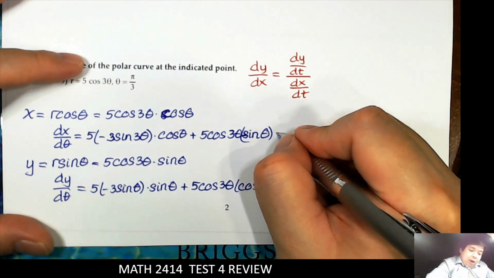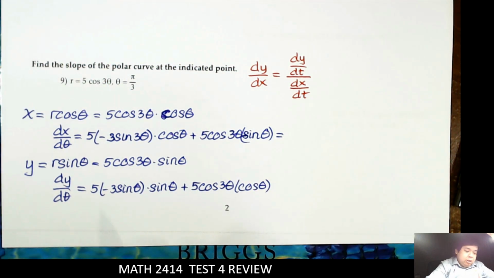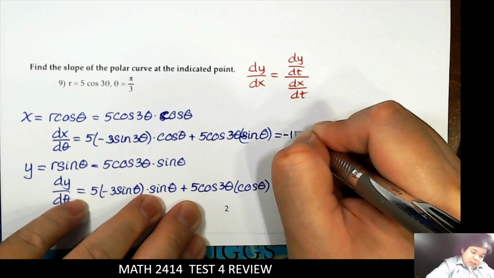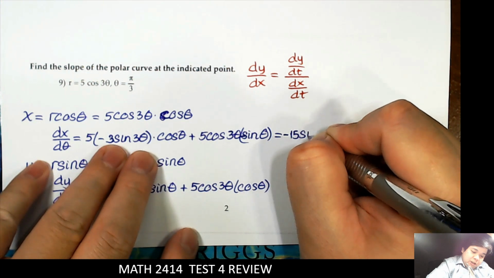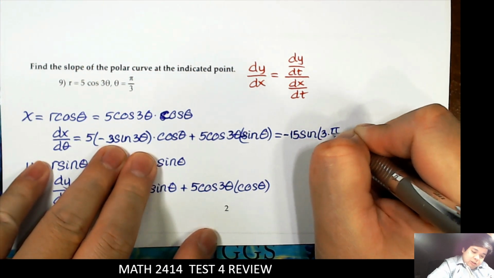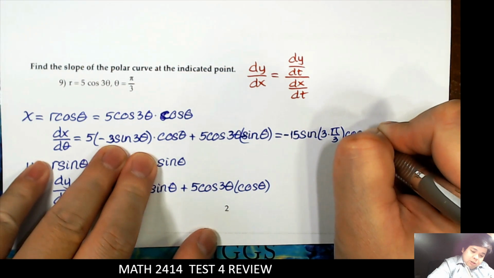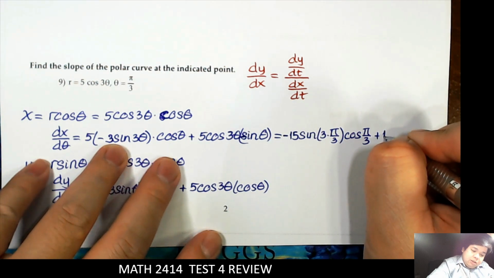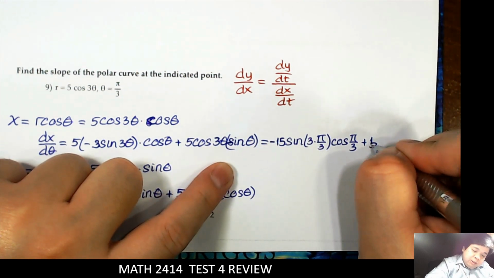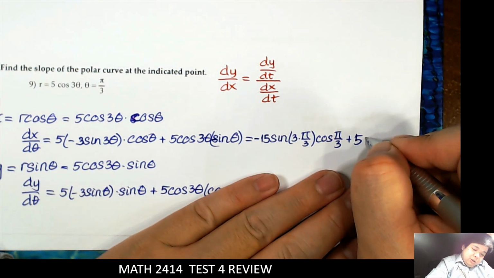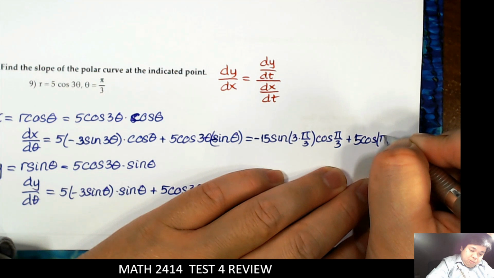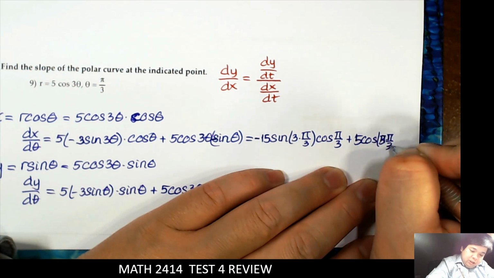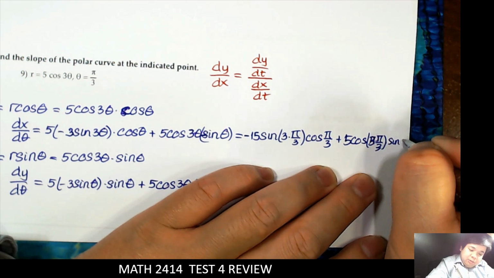Now we're going to substitute pi over 3 into it. So first simplify: dx over d theta is negative 15 sine of 3 theta cosine of pi over 3, plus 5 cosine of 3 times pi over 3 times sine of pi over 3.